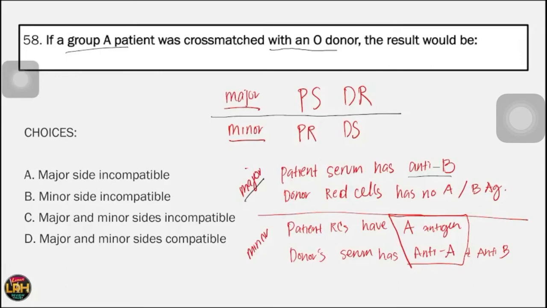So looking into the major cross-match, there would be no contradicting factor, since anti-B will not react with the donor's red cell owing to the absence of both A and B antigen. So major cross-match is said to be compatible. Minor cross-match on the other hand, since the red cells of the patient contain A antigen and the donor serum contains anti-A, what will happen is there would be a reaction. So for number 58, the answer is letter B, minor side incompatible.